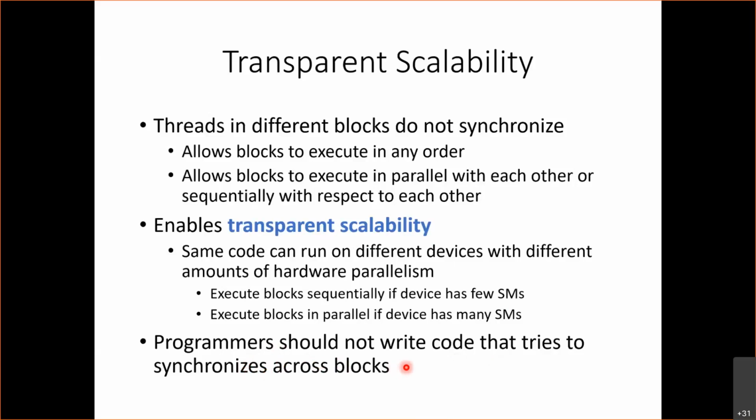What could happen, given what you know about the way that thread blocks are scheduled, given what we know about that blocks can be executed in parallel or sequentially, if a programmer tries to communicate across threads in different blocks? You don't know the order of what's executing right now.